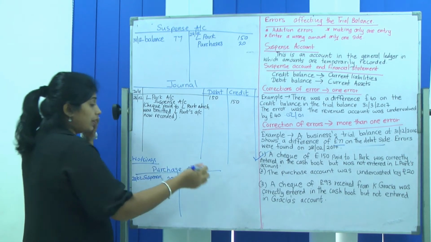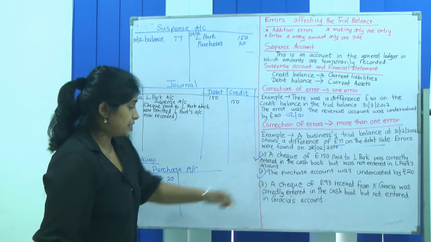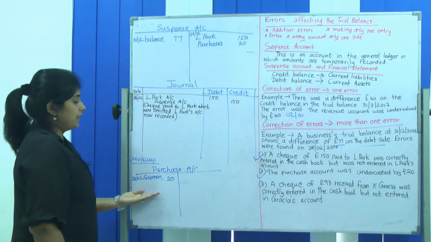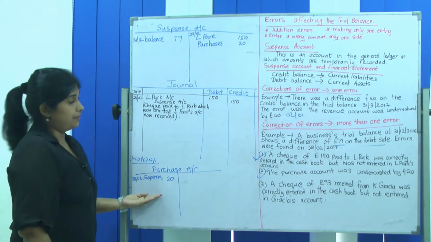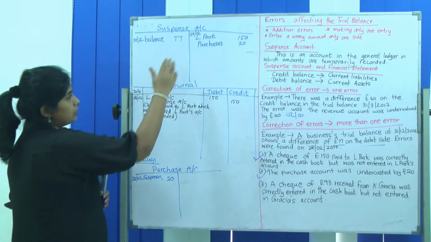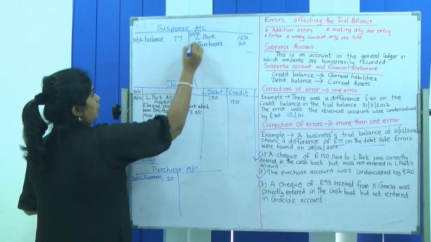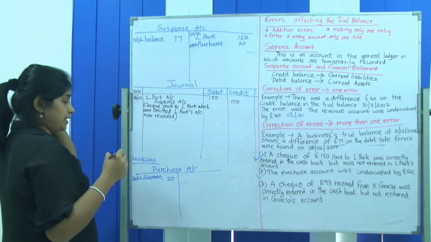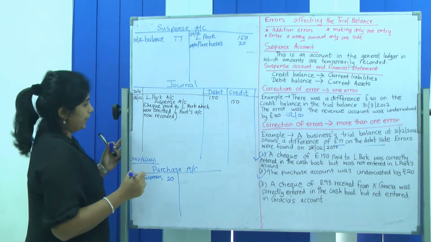So to correct the second error, the undercast in the purchases account, you have to increase that 20 pounds, so you debit the purchases account, and the one and only account to credit is the suspense account. So the suspense account will be credited on 28th of February as purchases 20, and the purchases account will be debited as suspense 20.